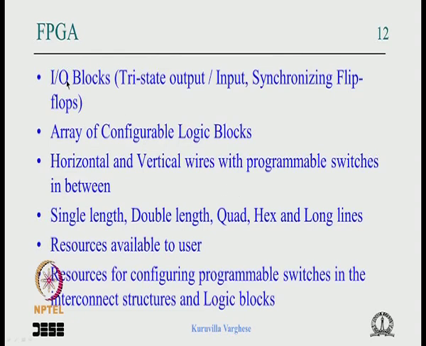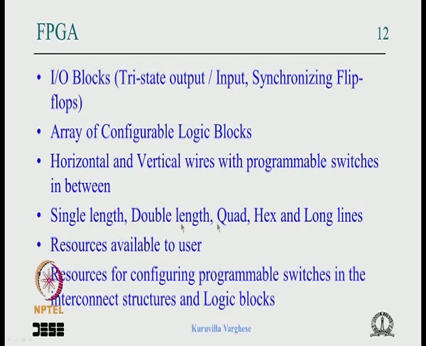So an FPGA consists of IO blocks that have tri-state output and input, and a synchronizing flip flop, because the input can come from another chip or another clock domain, and an array of configurable logic blocks. There are horizontal and vertical wires with programmable switches in between. These wires are single length, double length, quad, hex and long lines.